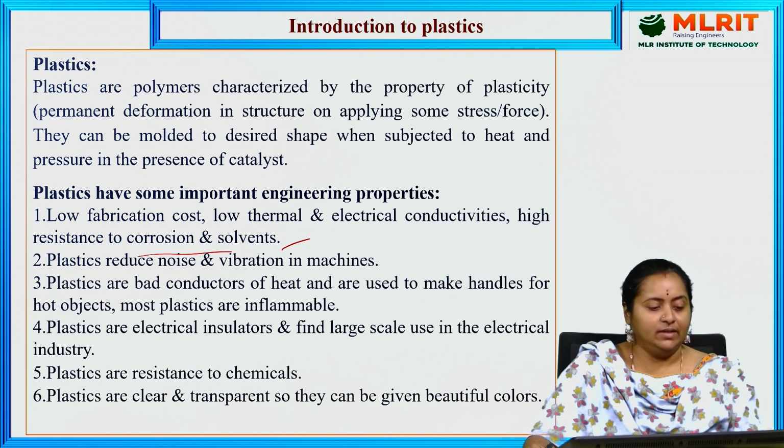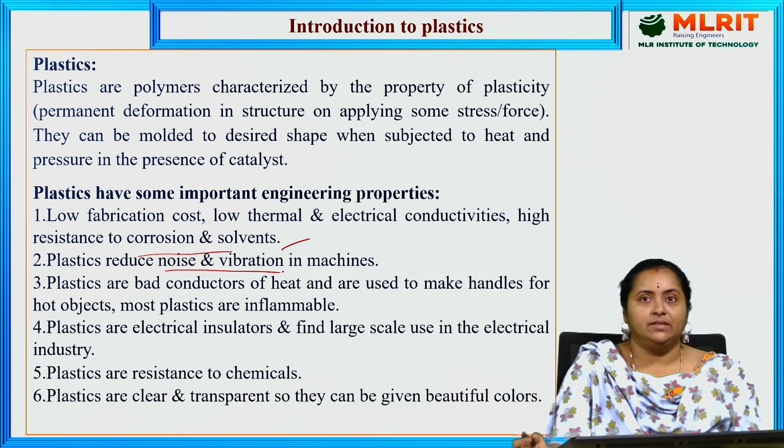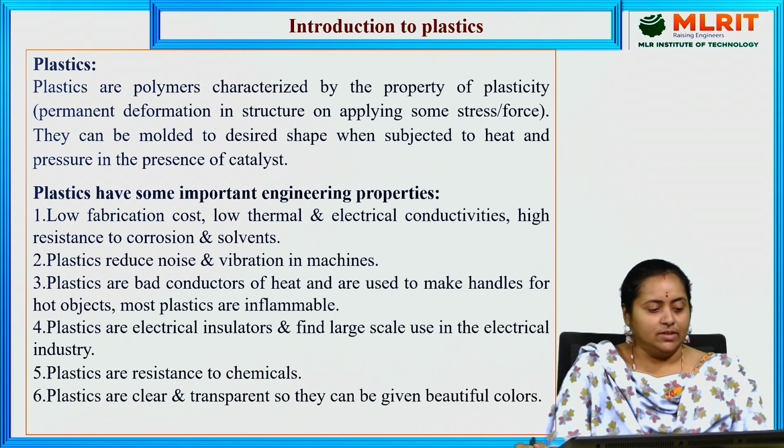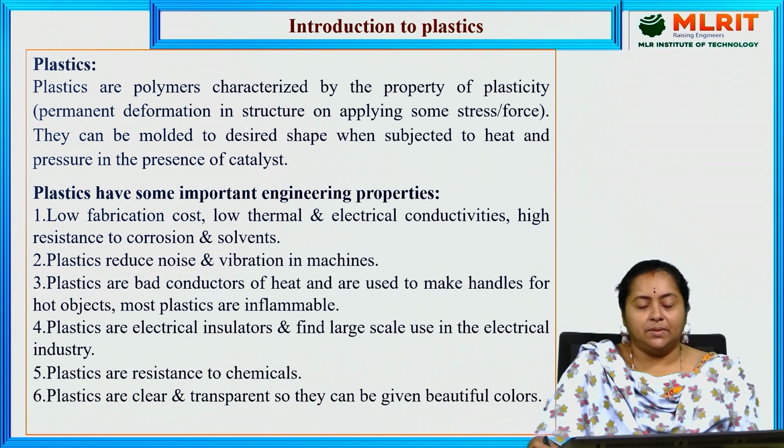They are able to reduce noise and vibration in machines. If used as a layer on the surface of any machine, or as a kind of insulation, they reduce the noise and vibration of those machines. Plastics are considered bad conductors of heat, and are used to make handles for hot objects. Most plastics are highly inflammable in nature.